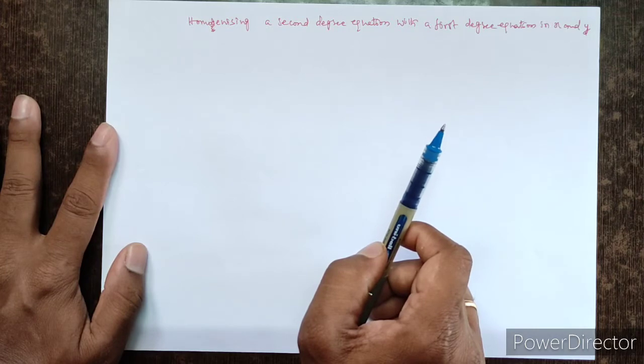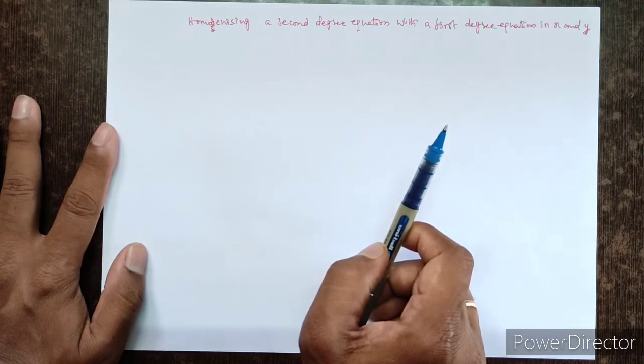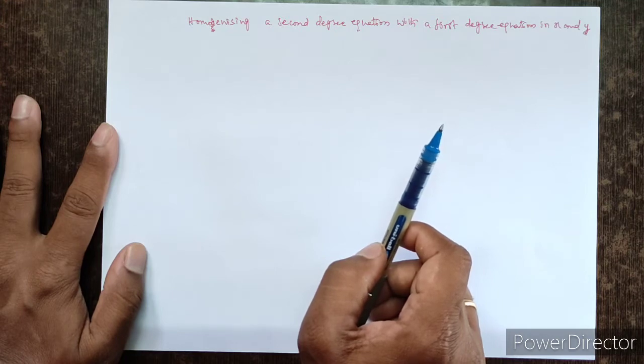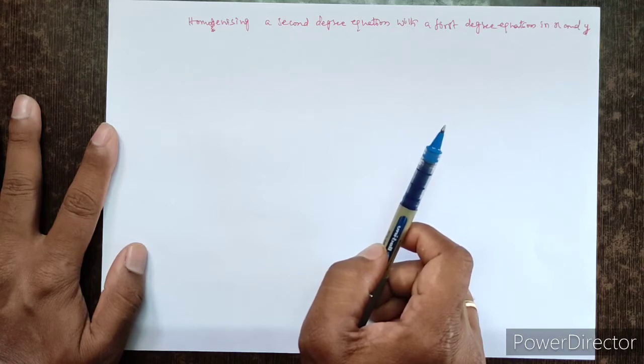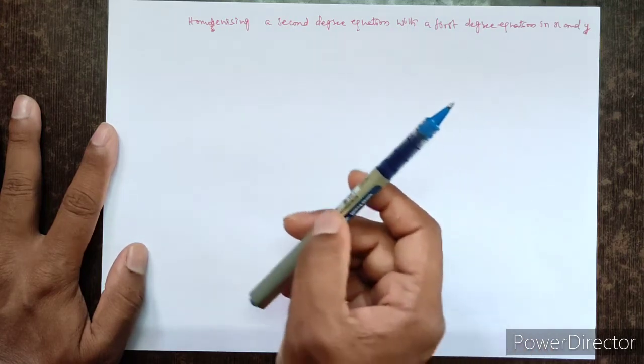That means ax square plus 2hxy plus by square plus 2gx plus 2fy plus c equal to 0 is a non-homogeneous equation, but it represents a pair of straight lines. That pair of straight lines equation, now we are homogenizing with a first degree equation in x and y.